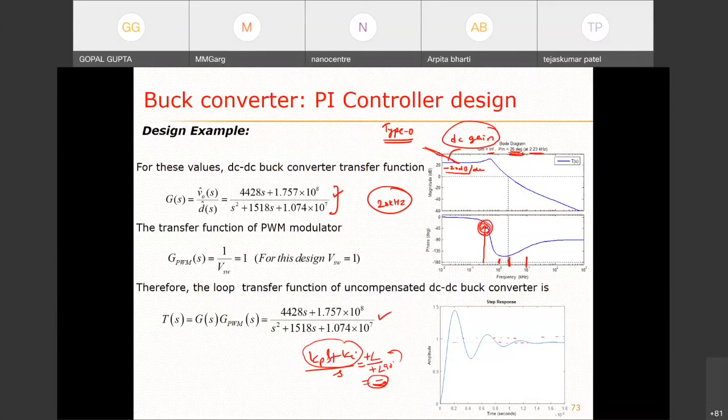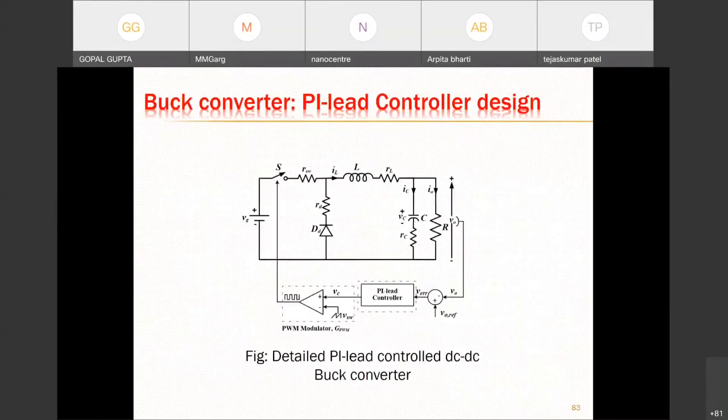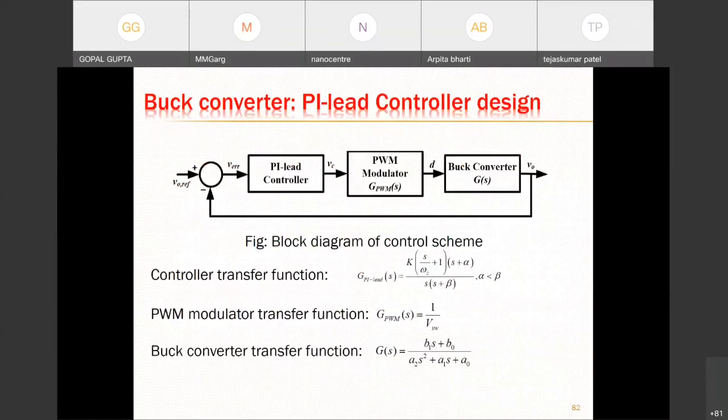But as I said, the settling time is a bit more. We will not be discussing those techniques, but the fundamental way is that a controller should be designed in such a way that some part of the controller takes care of this DC gain, meaning an integrator should be included to improve this profile.